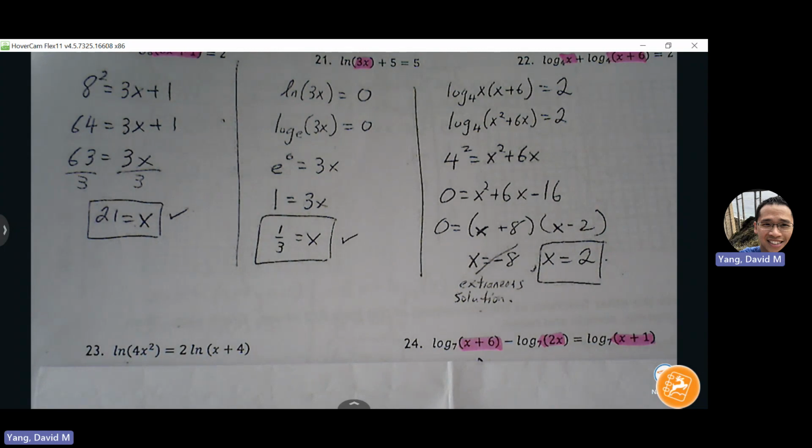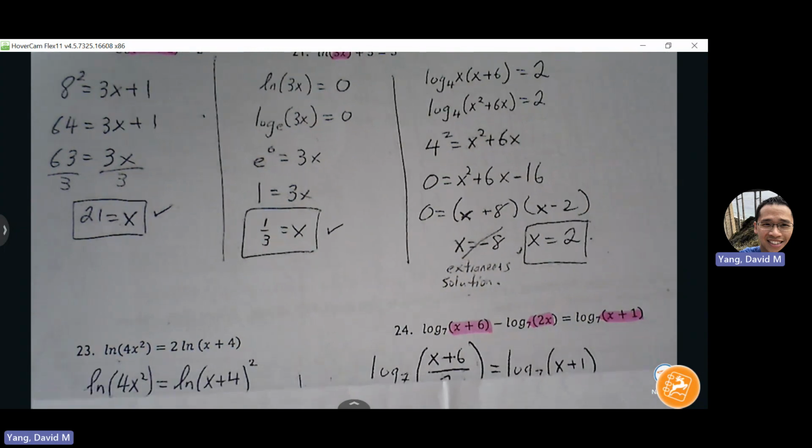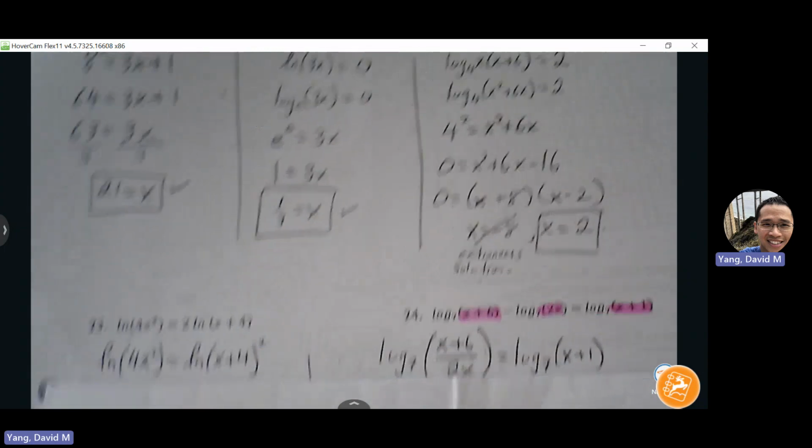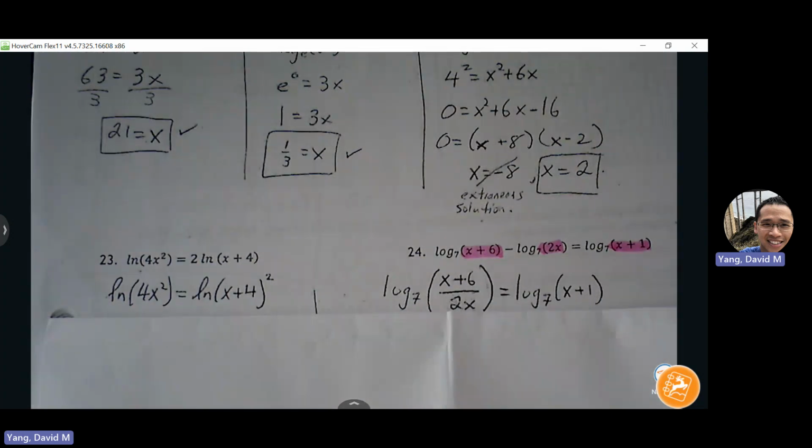#23, we've seen natural log on both sides, so we would like to cancel the natural logs out, but there's something that we need to take care of first. That 2 is a little bit out of place. You want natural log equal to a natural log, but where can we push that 2? Exponent, yeah. So once that 2 comes up as an exponent, we can have a nice one-to-one relationship here, get the natural log to go away, and then you can just set 4x squared equals x plus 4 squared.